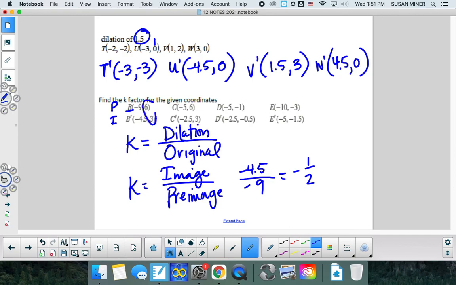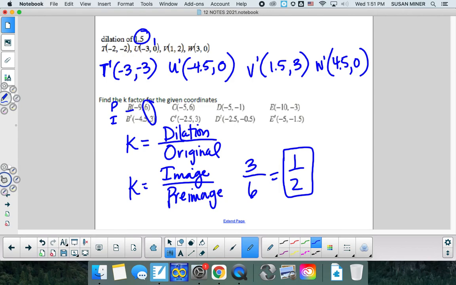Look at these right here, 6 and 3. If this is really hard for me to figure out, choose a coordinate that is easy and then do the same thing. 3 over 6 is obviously equal to 1/2. So there's my scale factor. So choose some numbers from your coordinates that are easy to figure out.